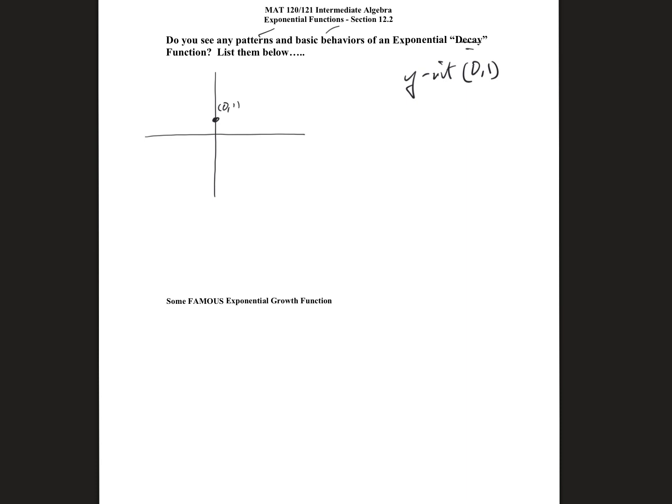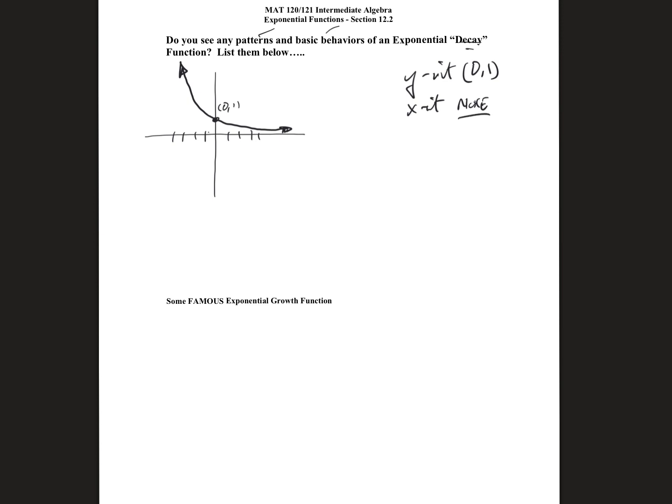And then what we saw is if we start going in the negative x direction, the function's actually on its way up. And if we go in the positive x direction, the function starts to get closer and closer to the x-axis. And so again, in terms of an x-intercept, since we're never crossing it, there is none.